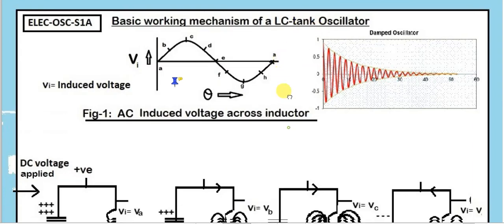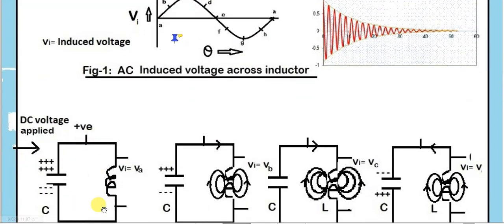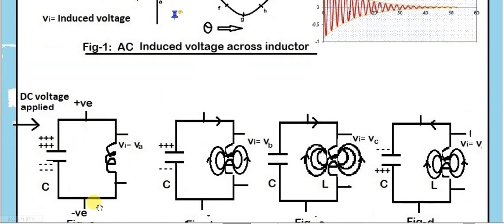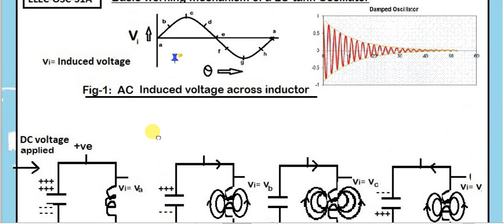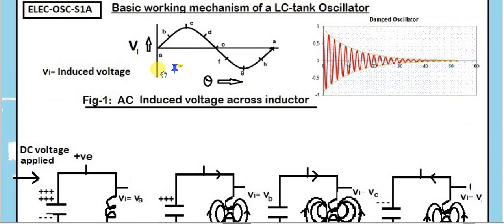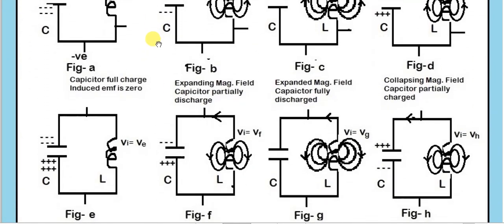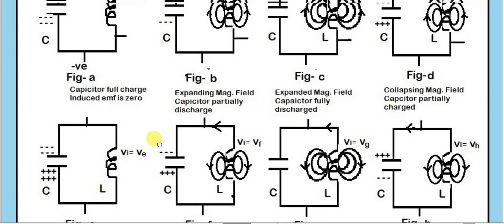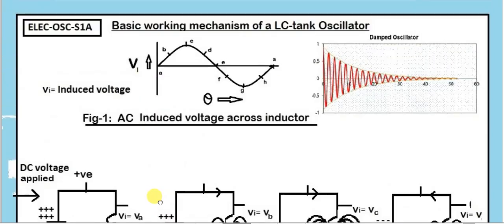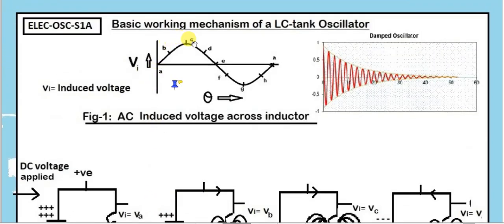Tank means it's almost a block, looks like a tank. There's one circuit involved, but I have divided this slide into 8 duplicate circuits, where I will explain the whole cycle starting from the origin A.